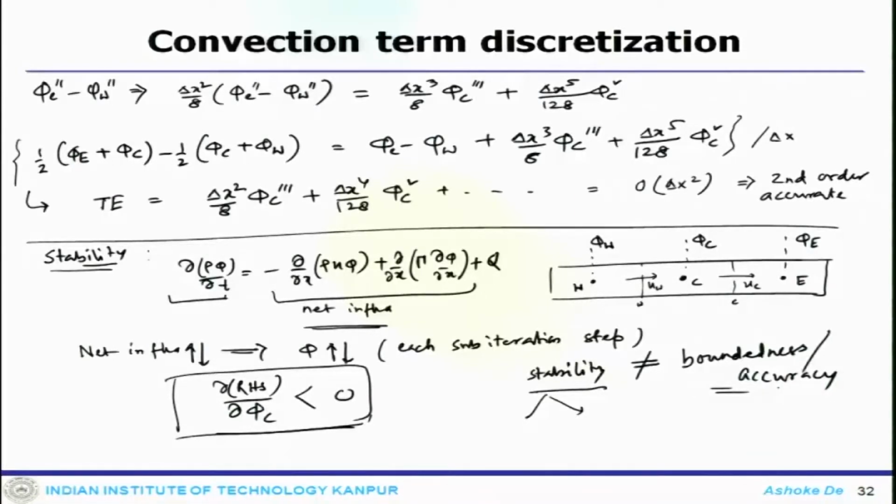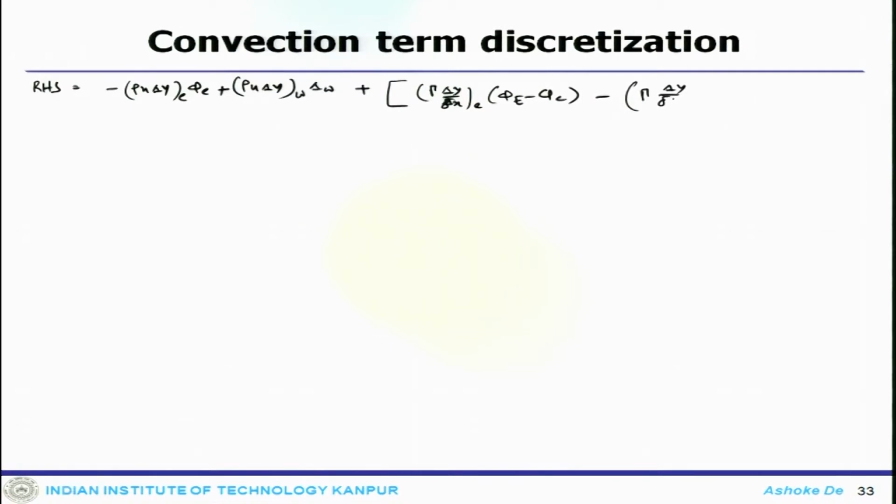Now, keeping that in mind, if you look at the discretized right hand side of the previous equation, the right hand side was minus rho u del y at east face phi e plus rho u at the west face plus gamma del y by del x e phi e minus phi c minus gamma del y by del x w phi c minus phi w plus q c v c.